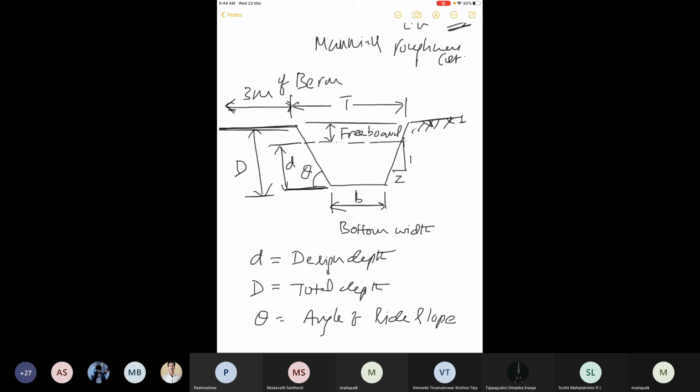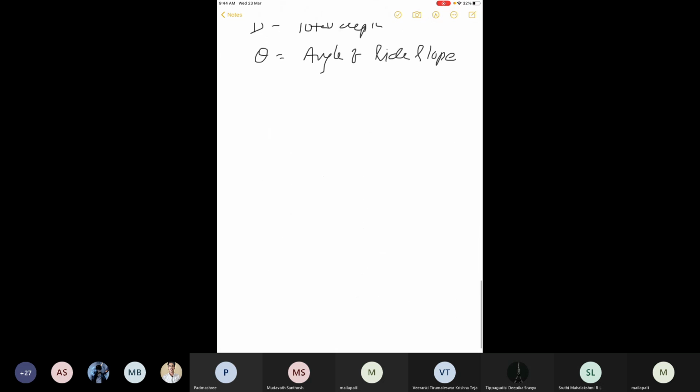Now we would like to see how we can estimate the dimensions, mostly the depth and width. We also have a table for defining the side slopes.